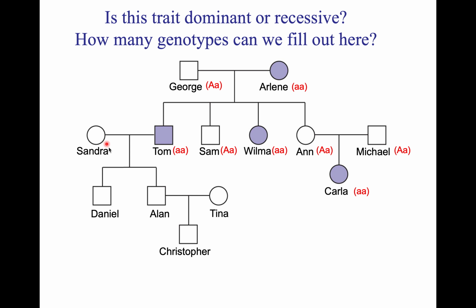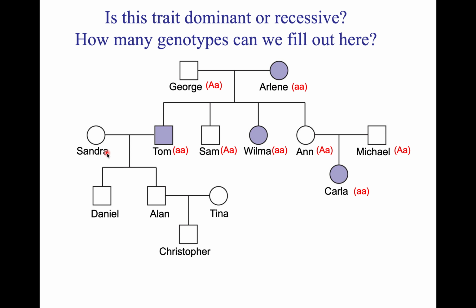Then that just leaves us with this side of the family over here. What about Tom's wife, Sandra, and some of their kids? Well, if we look at this, Tom and Sandra, we know Tom's homozygous recessive. They had two kids, neither of whom had the trait.